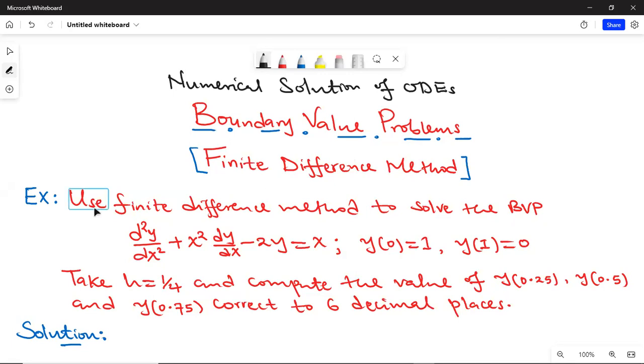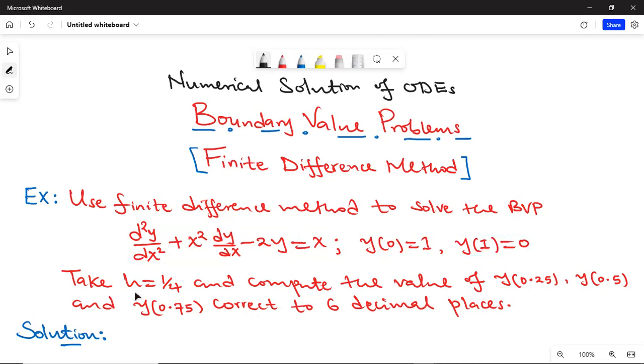So we have this question. We are asked to use finite difference method to solve the following boundary value problem that is given by d squared y over dx squared plus x squared dy over dx minus 2y is equals to x, and the boundary condition at x is equals to 0, the value is 1, and at x is equals to 1, y is equals to 0.